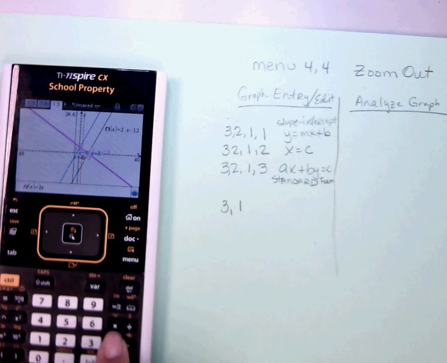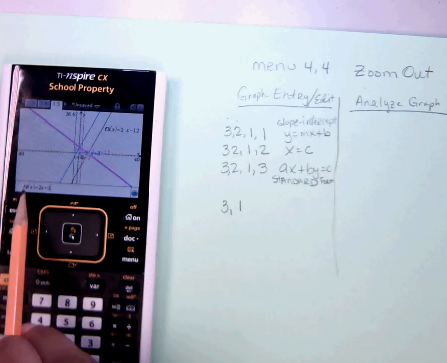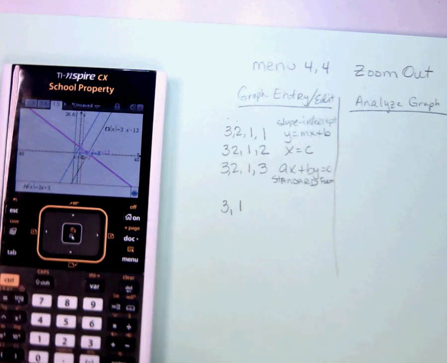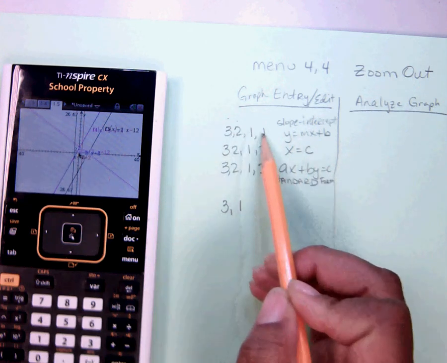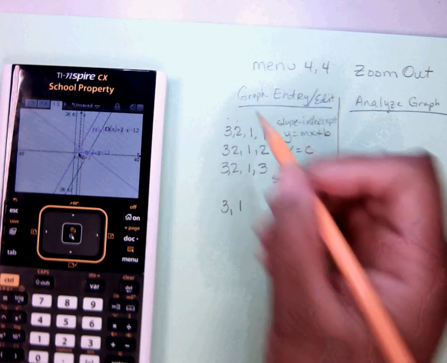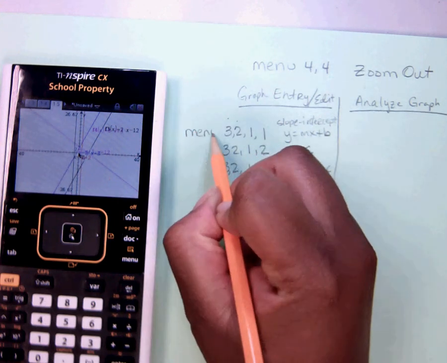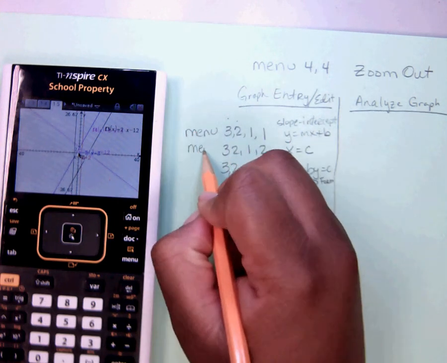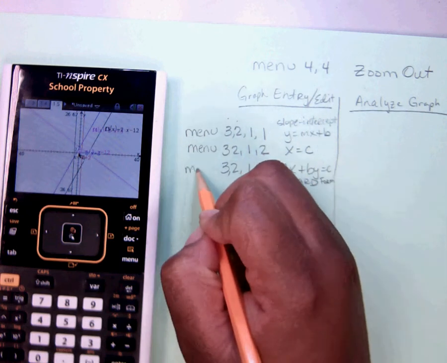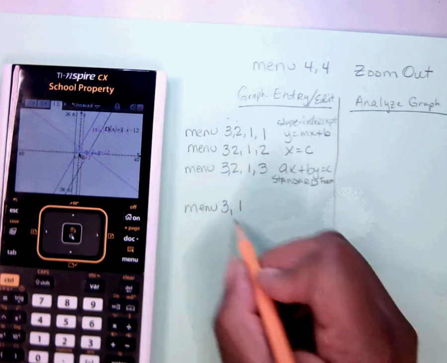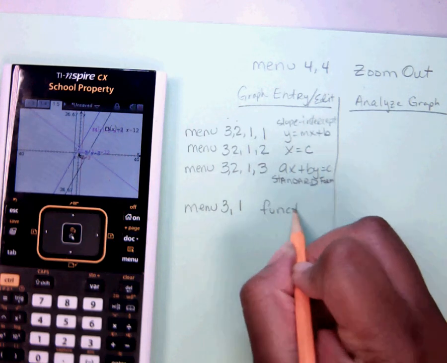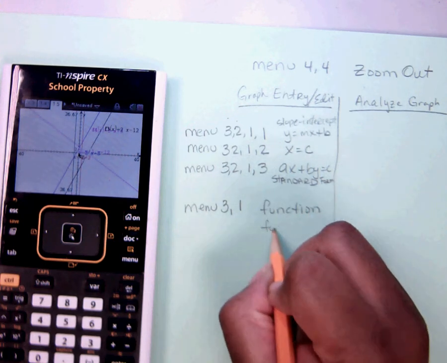You would type all of it because it says f of x here, not y. Even though it means the same, it's just not in the form of menu 3, 2, 1. So that's menu 3, 2, 1, 1, menu 3, 2, 1, 2, menu 3, 2, 1, 3, and menu 3, 1 puts it back in function form, f of x.